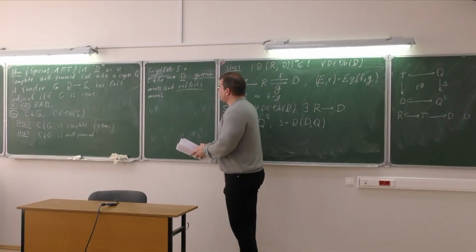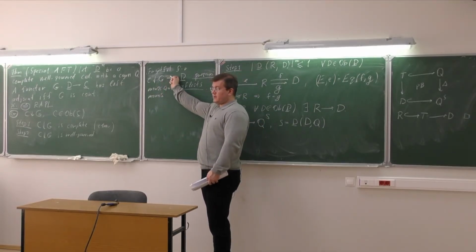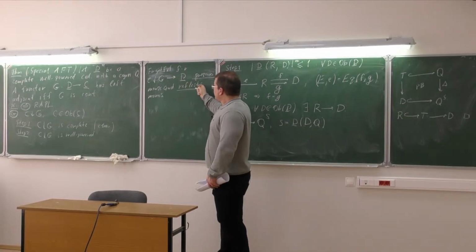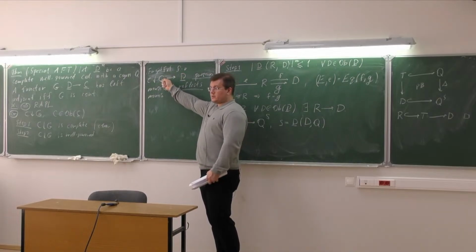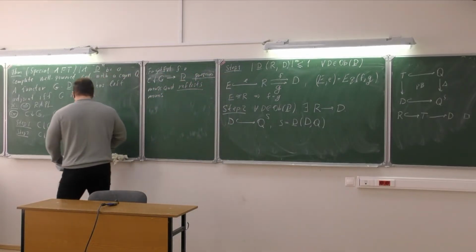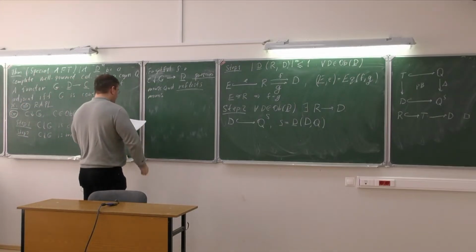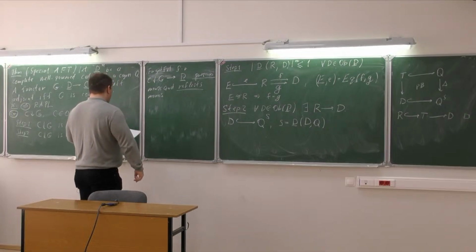Preserves monomorphisms means just that if I have a monomorphism in this category, I apply the functor, I still get a monomorphism. And reflects means that if I have a map, I apply the functor, and I get a monomorphism, it means that the map that I started with was actually a monomorphism. So reflects is kind of reading in the other direction. Well, what can we say about the preserving of the monomorphisms?